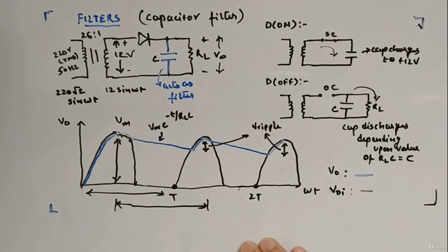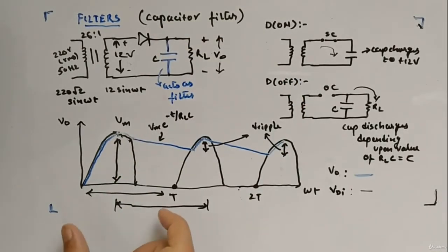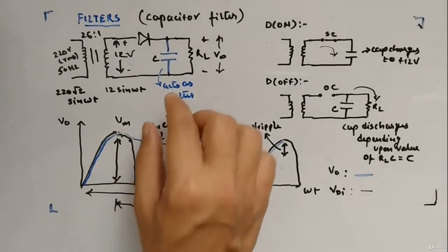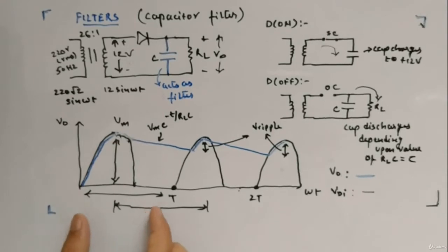So we are using it in a half wave rectifier. This is the time period of the input signal. This will be the time period of the diode signal as well, and the time period of the capacitor output as well. If you see from here to here, it is the same, just shifted.